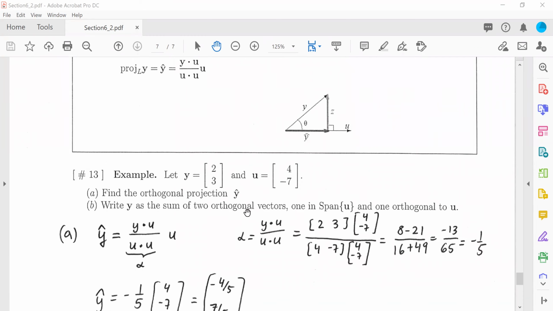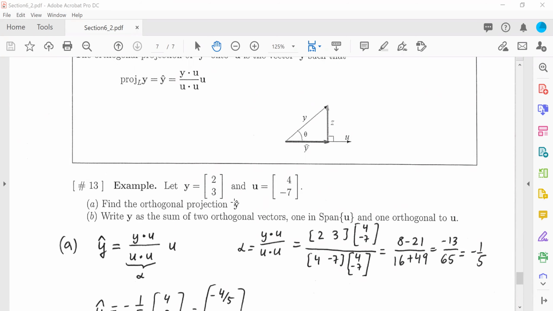So now we have an example. Let y and u be given two vectors; find the orthogonal projection y hat. So we simply apply the formula. So first I'm calculating the scalar: y dot product u, take vector y, multiply times u, and u dot product u.